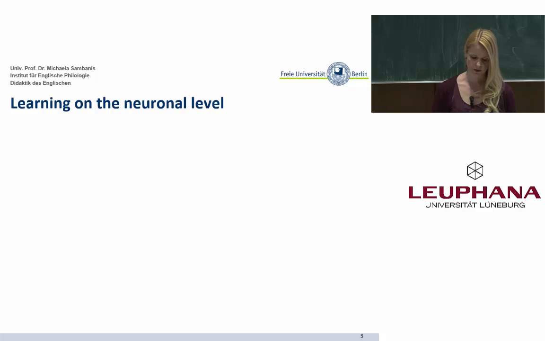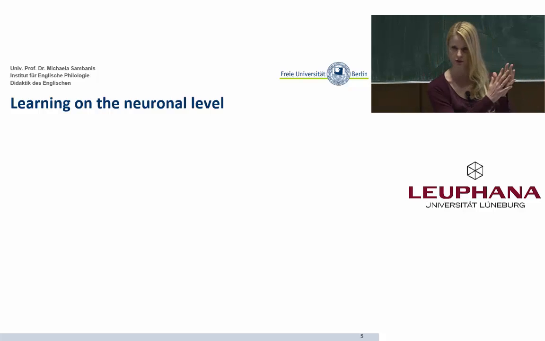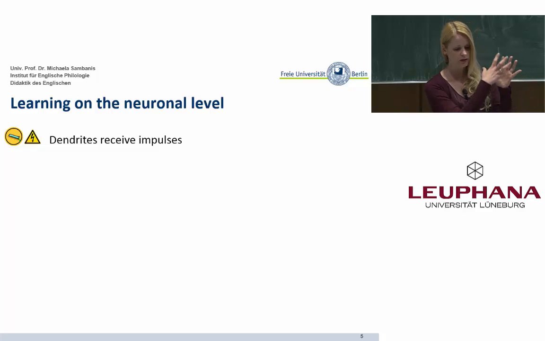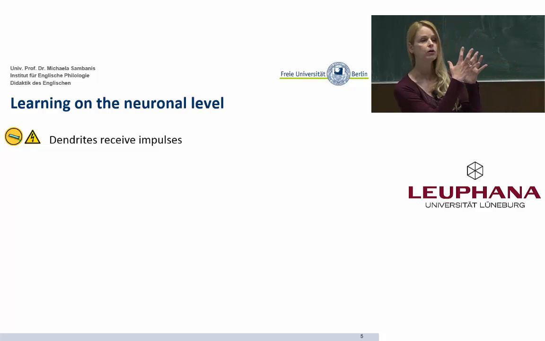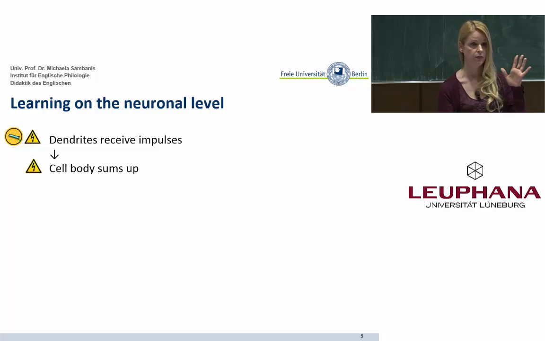By following one impulse on its journey, back to our model, the hand. The neurotransmitters dock on the receiving structures here on the dendrites, from where the signal is processed to the cell body as an electrical impulse.